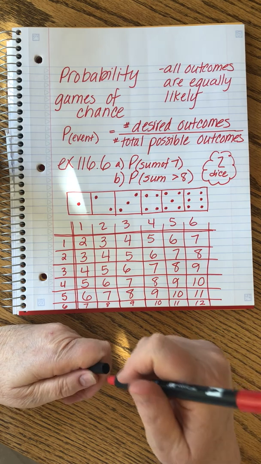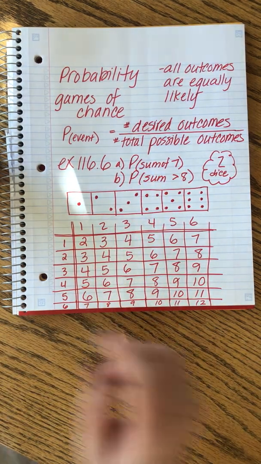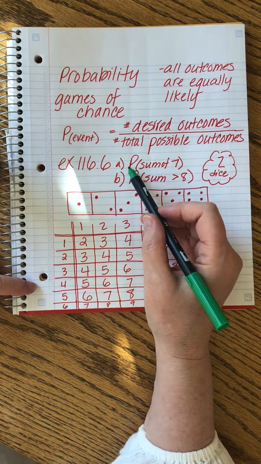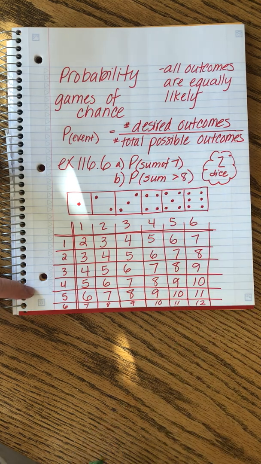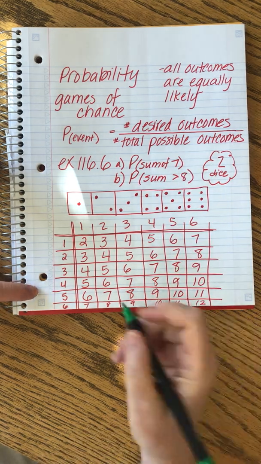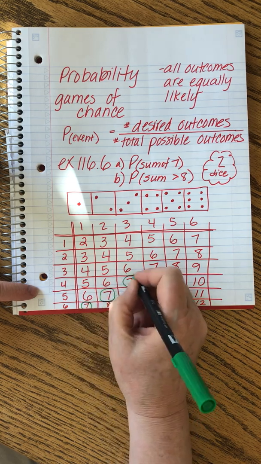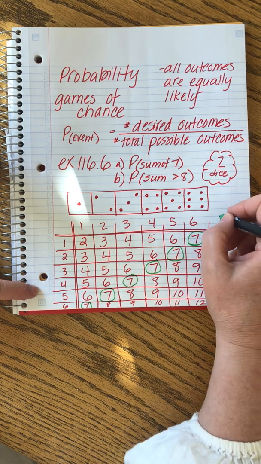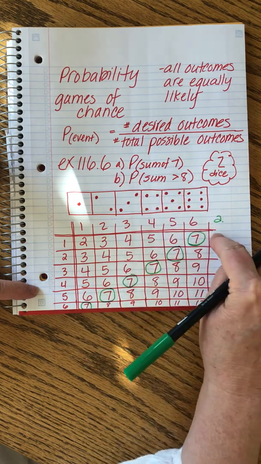Okay, so now we're trying to find these specific probabilities that John has asked us about. He wants to know what's the probability, when you pick up 2 dice and roll them, of getting a move, a sum of 7? Well, let's go through and circle all of our 7s. This is A. I'm going to write the answer down here.